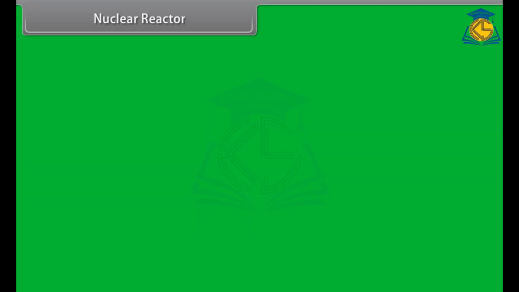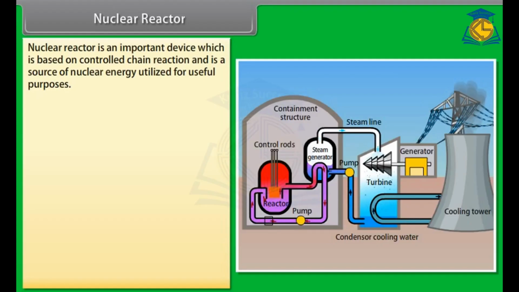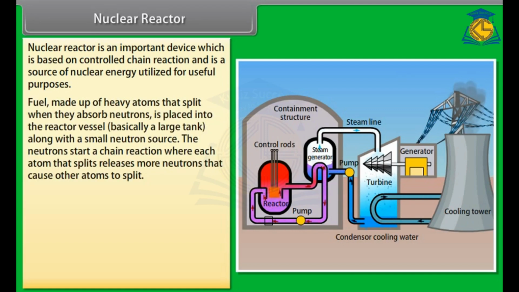Nuclear reactor. Nuclear reactor is an important device which is based on controlled chain reaction and is a source of nuclear energy utilized for useful purposes. Fuel made up of heavy atoms that split when they absorb neutrons is placed into the reactor vessel, basically a large tank, along with a small neutron source.